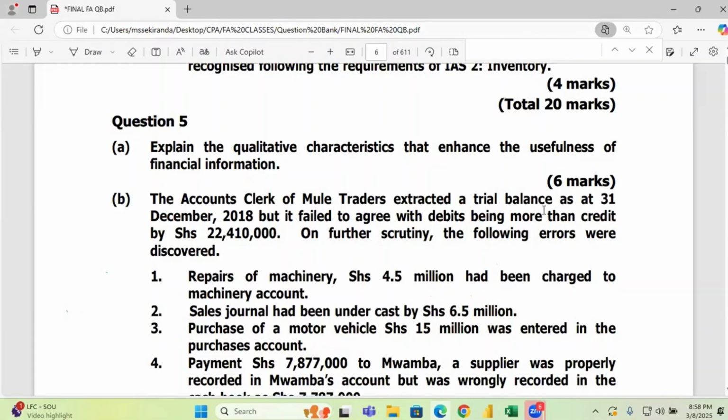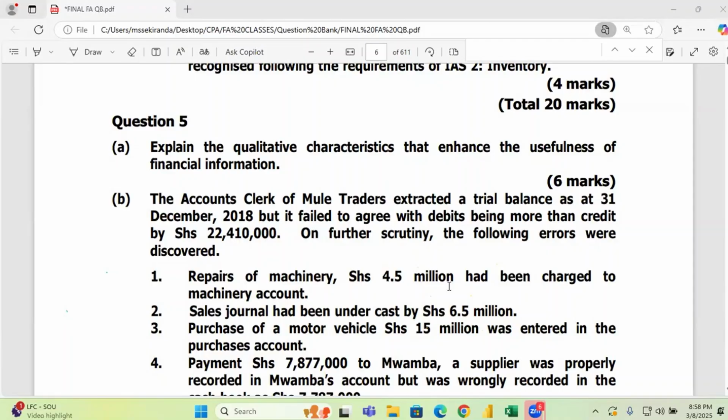Can you give me these points? Comparability, verifiability, timeliness, and understandability.